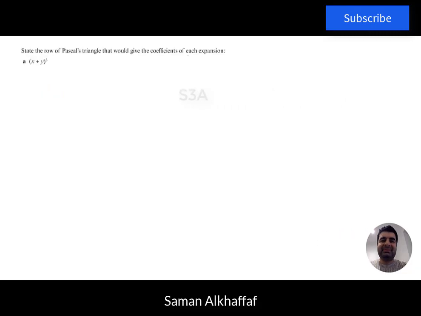In this example, we are asked to state the row of Pascal's triangle that would give the coefficients of each expansion. So we have the expression (x + y) cubed.